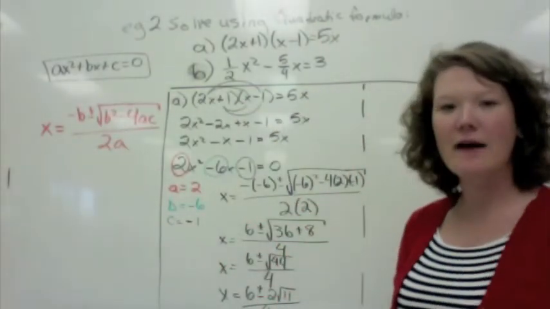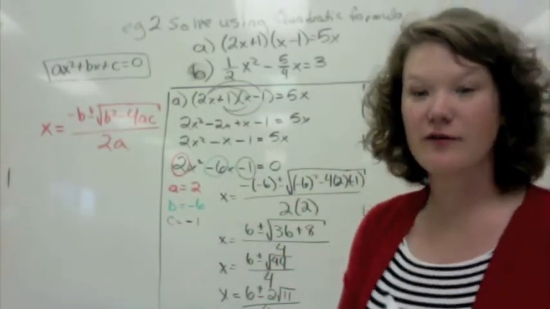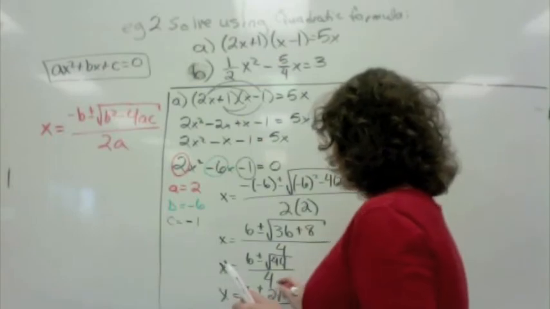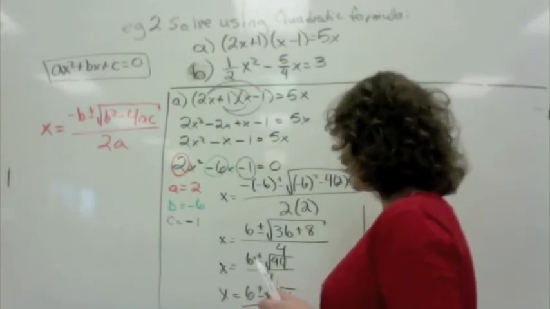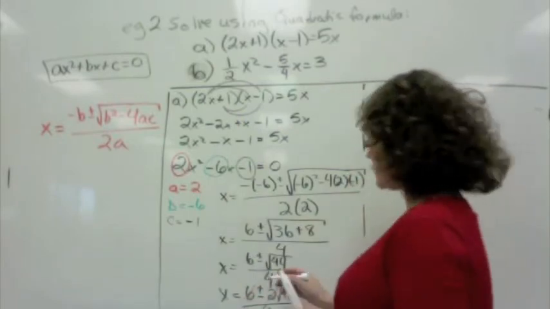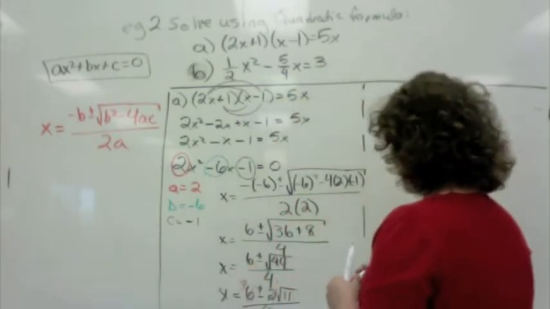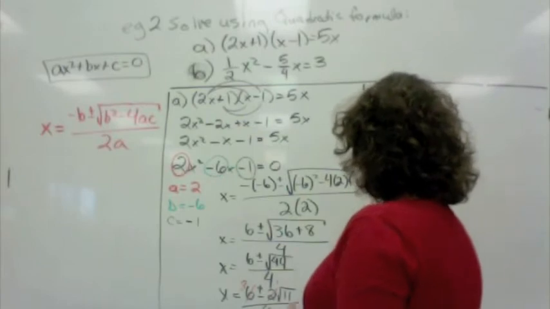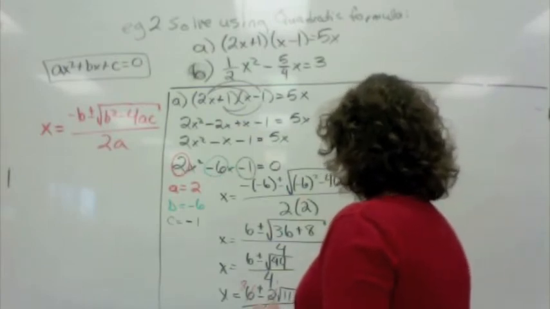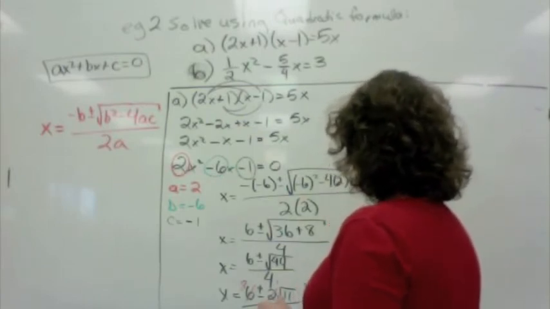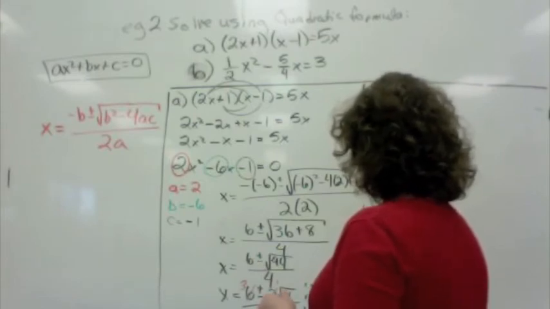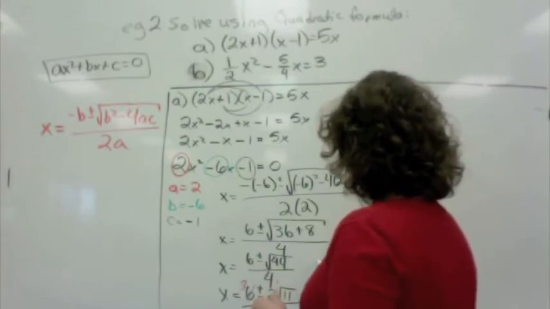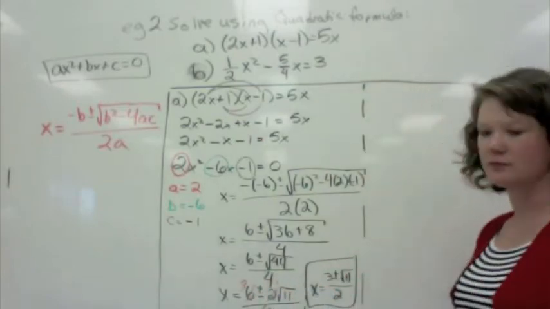I can take out a factor of 2 out of each of my terms here. 2 goes into itself once, 2 goes into 4 twice, 2 goes into 6 3 times. So my x is actually 3 plus or minus root 11 over 2.